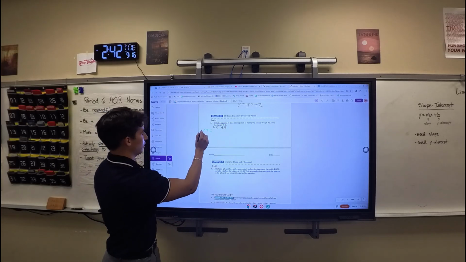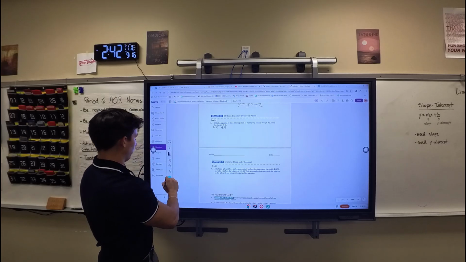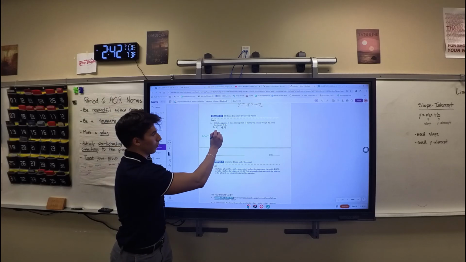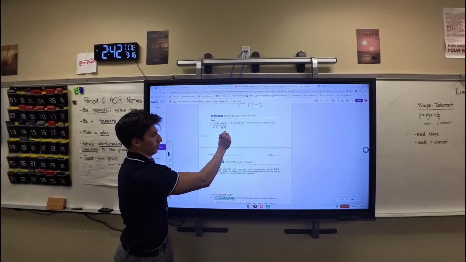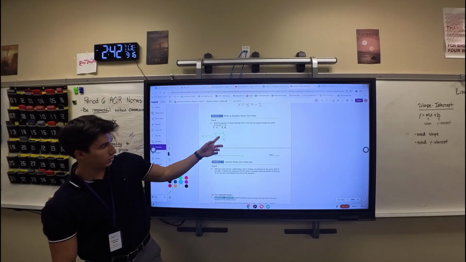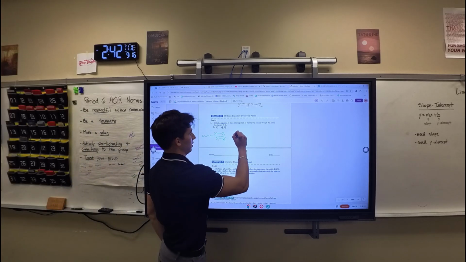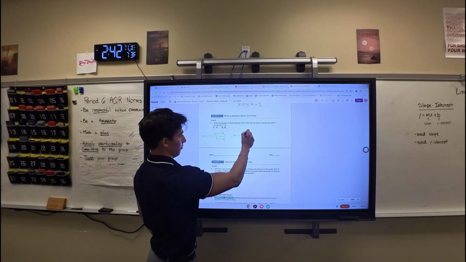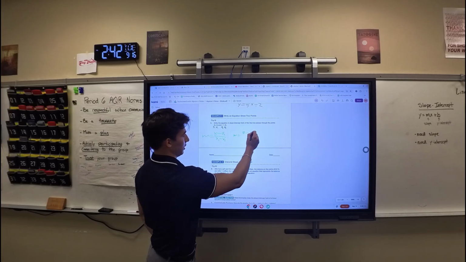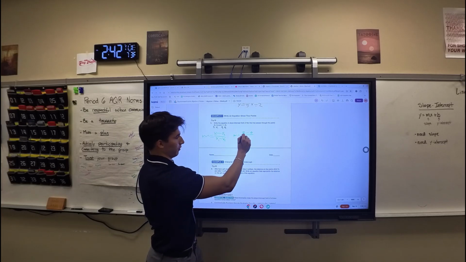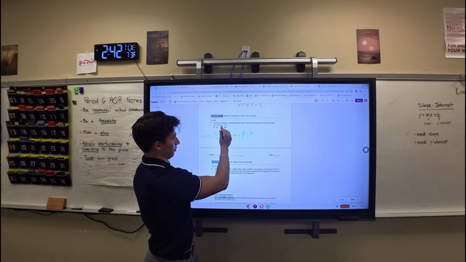And so now our formula says that m equals y1 minus y2 over x1 minus x2. And now, if we sub in our values into this equation right here, we can see m equals y1, which was 4, minus y2, 6, divided by x1, 5, minus x2, negative 1.